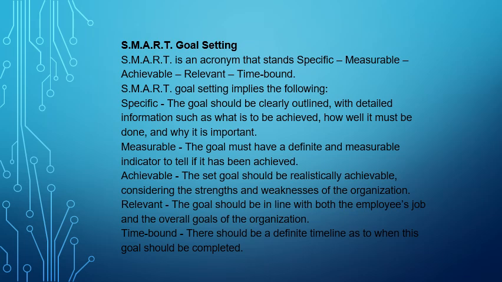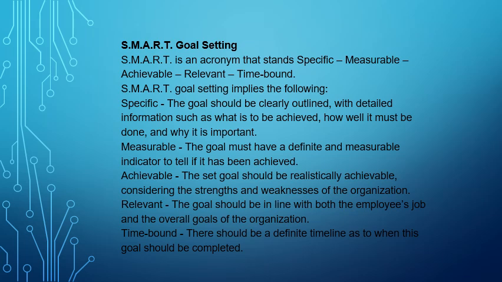So, from this SMART goal setting, what we can understand is the first prerequisite for performance management is setting up clear goals, not only for the individual employees, but also for the departments in the organization and for the organization as a whole as well.